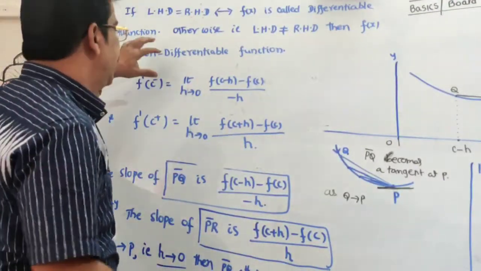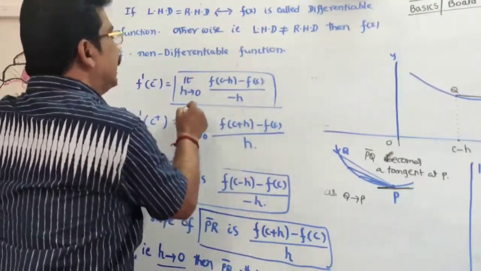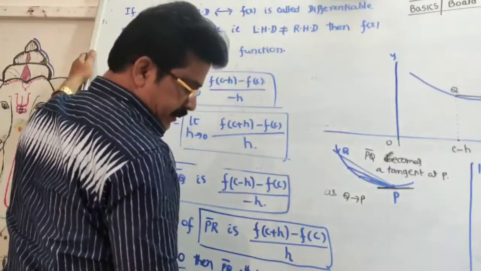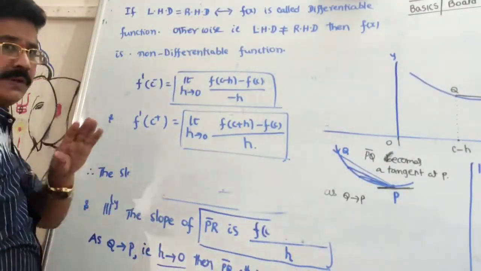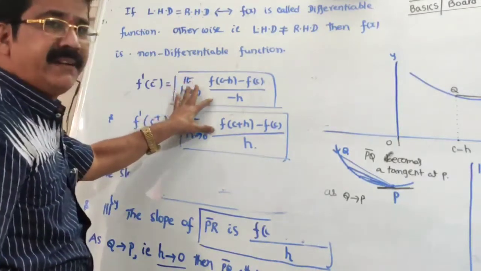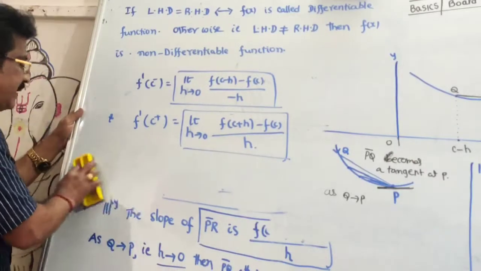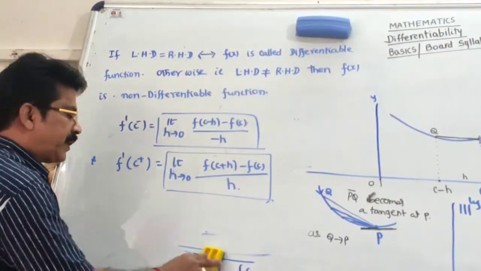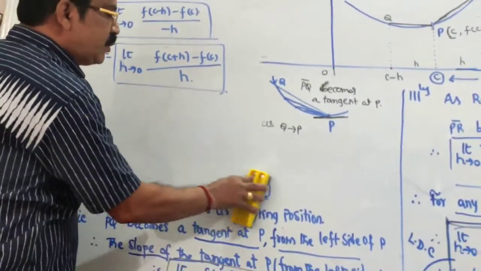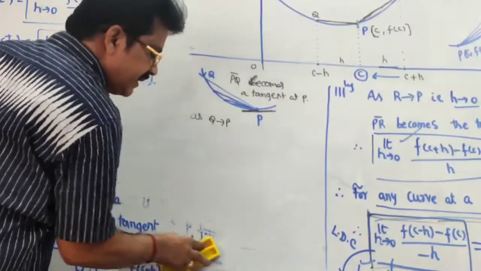Here we have two limiting values, namely this and this. So the process of finding these limiting values is called differentiation. Differentiation is only the process of finding these two limiting values.